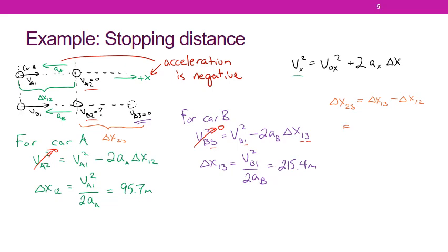So algebraically, when I plug in my variables, I get VB1 squared over 2A, where A is again that 4.7 meters per second squared, minus VA1 squared over 2A.